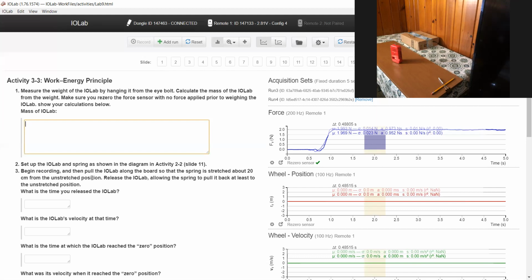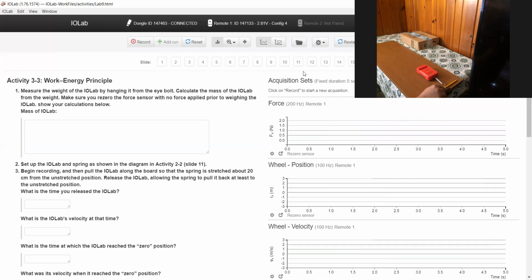Begin recording, and then pull the IOLab with the string around 20 centimeter. Okay, so let's do it. We have it set up here in the rest position. Now we don't need the first part, or if you want, you can keep it, but we don't need it.